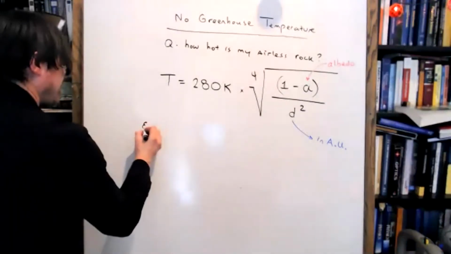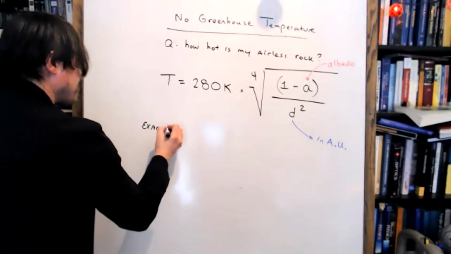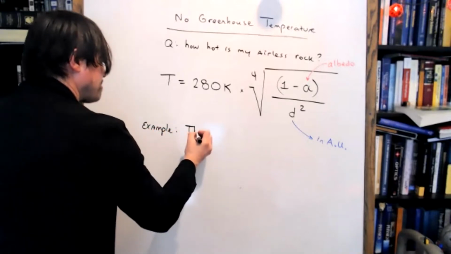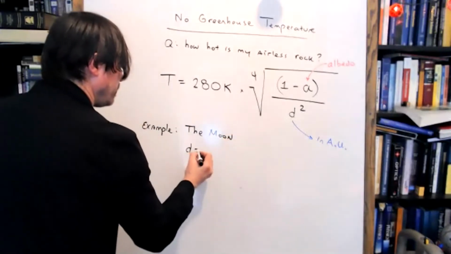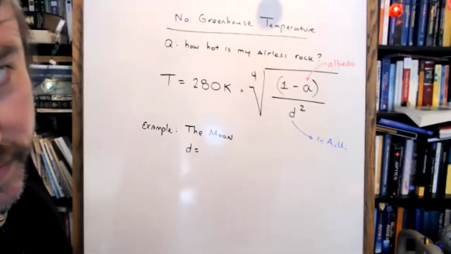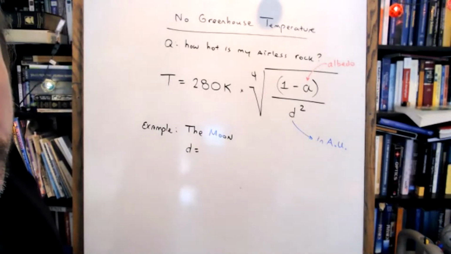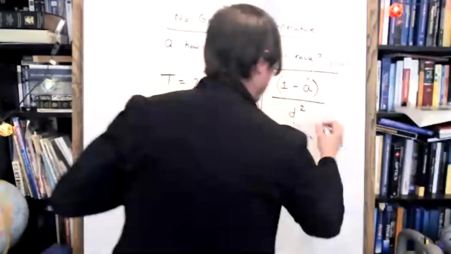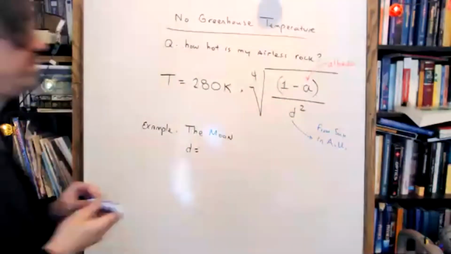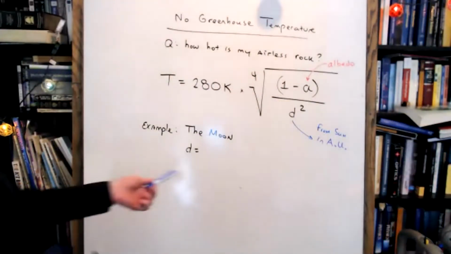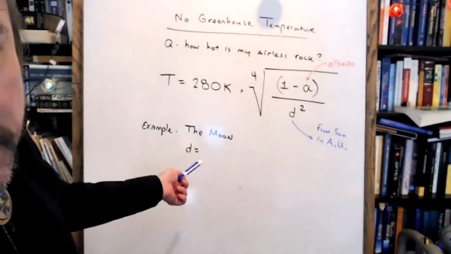Let's try a quick example. The moon. You guys know the distance already, right? Oh, this is distance from the sun. For the moon, what should my distance be?